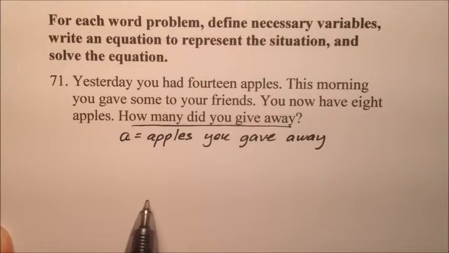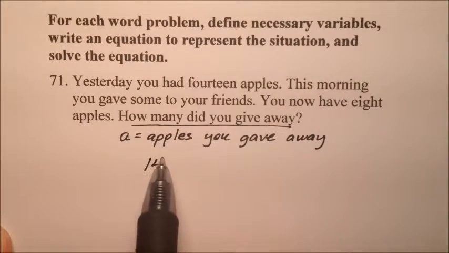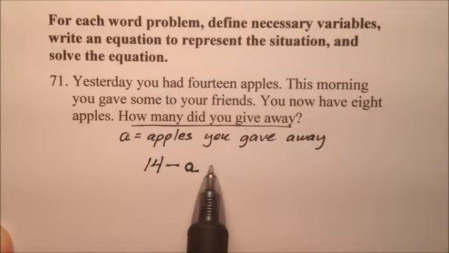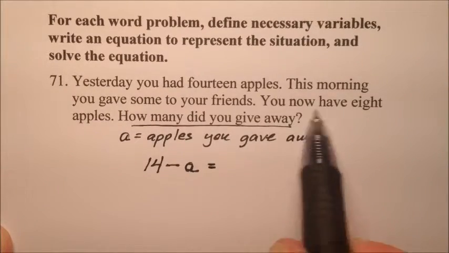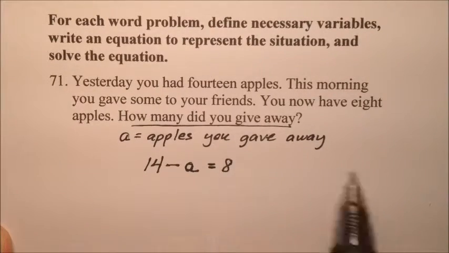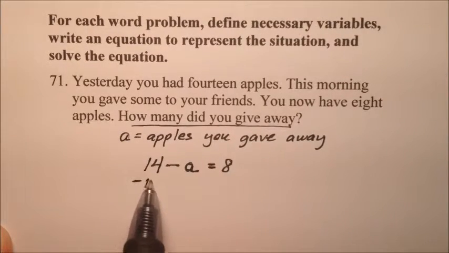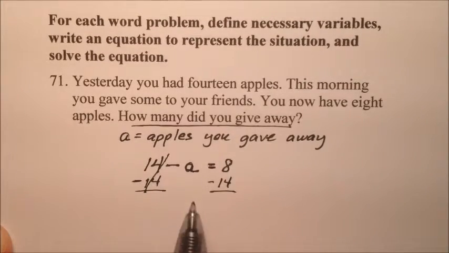So our equation that we're going to write: we started with 14 apples and we gave some away, which means we're going to subtract A, so we're going to subtract some apples, and then when we were done, now you have 8 apples, so you've got 8 left. So now we're going to solve this equation, 14 minus A equals 8, and we can do that by subtracting 14 from both sides first, and over here those will cancel.